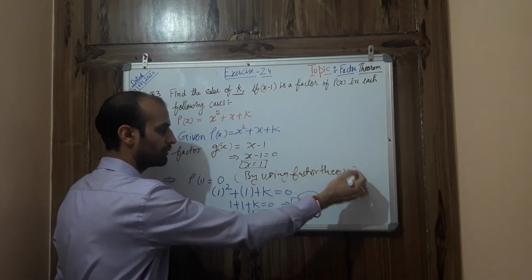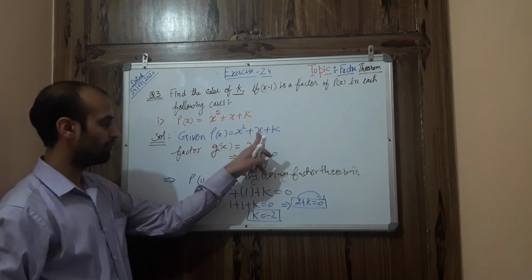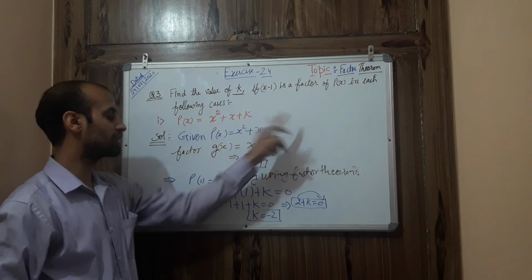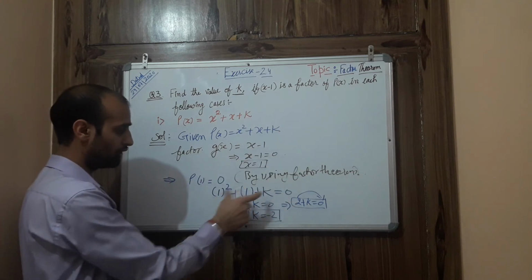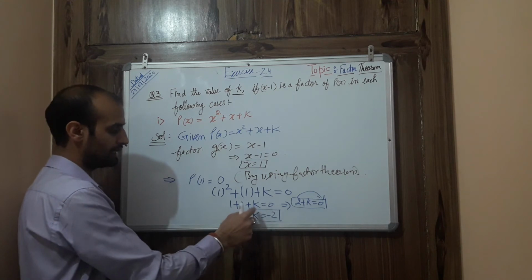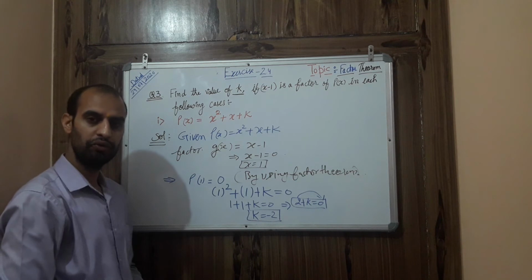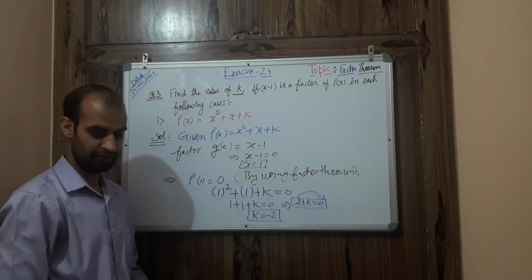This is the definition of factor theorem. After substituting the value of 1 here, we write all this equal to 0 by using factor theorem. 1 plus 1 becomes 2, then shift this 2 to the other side. You will get k equal to minus 2. This is your right answer.